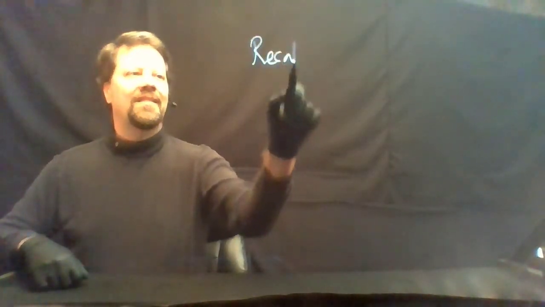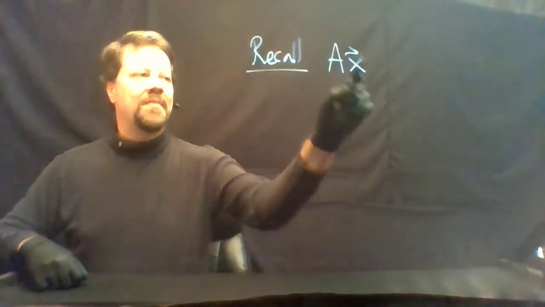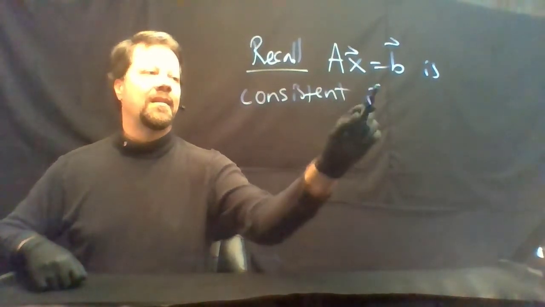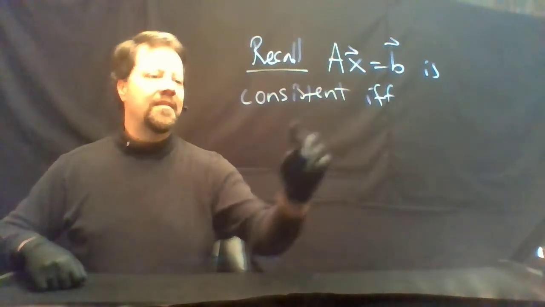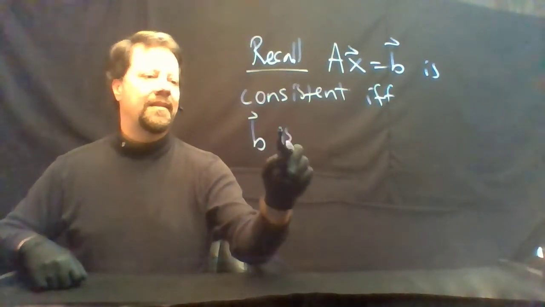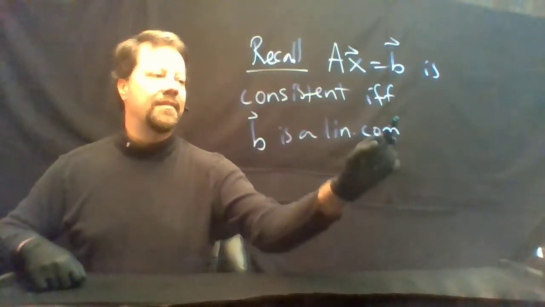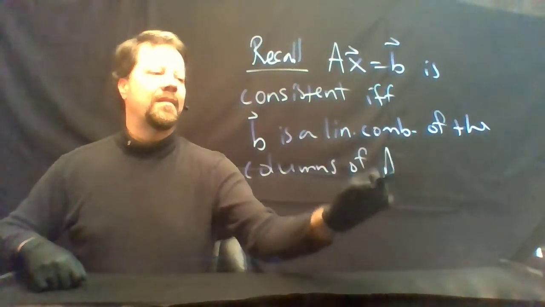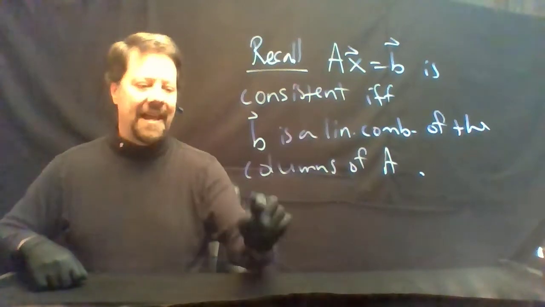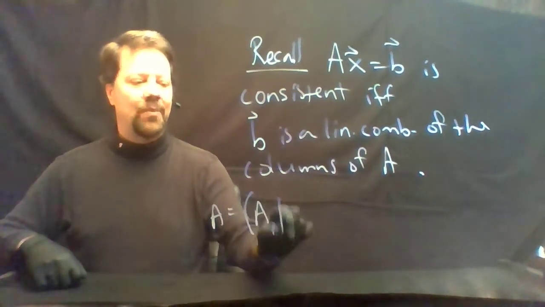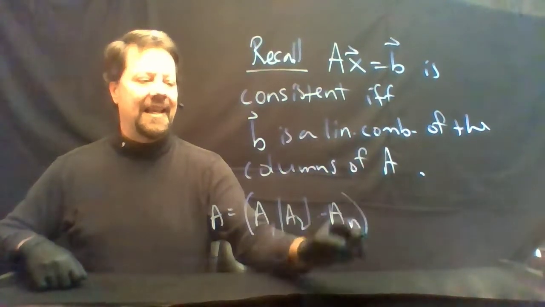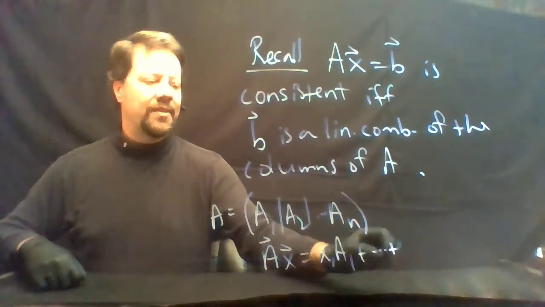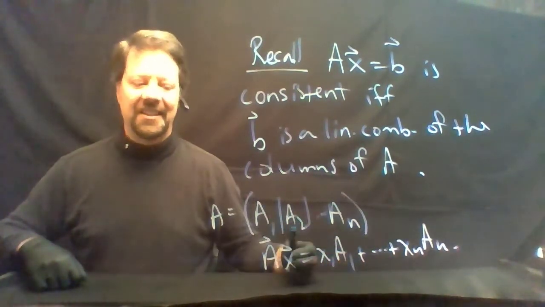I want you to recall that the system Ax equals b is consistent if and only if b is a linear combination of the columns of A. Remember, if A can be written as a1, a2 through an, then Ax will be x1 a1 through xn an, a linear combination.